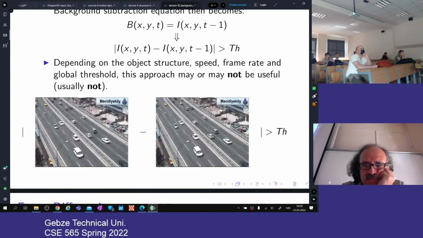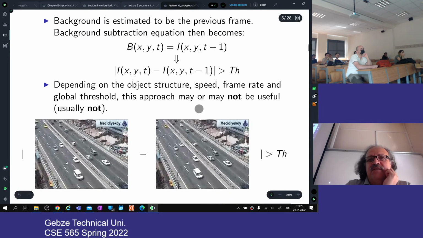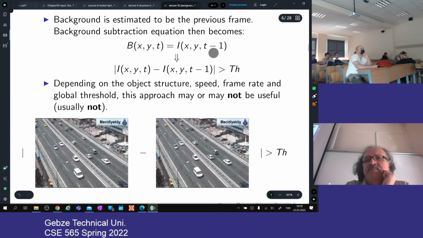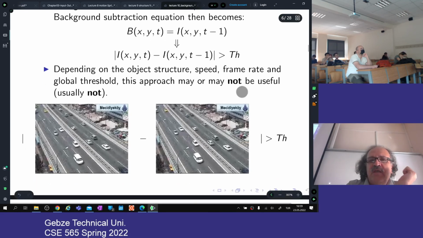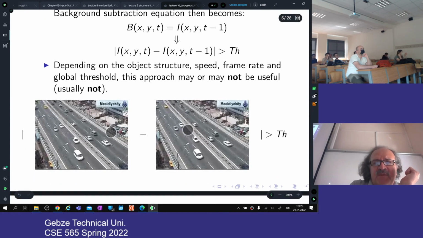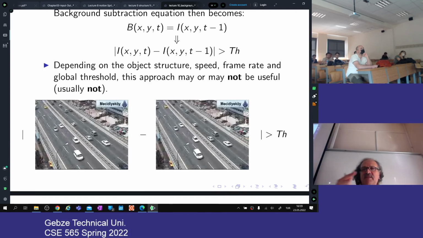So, is this good? Just take your background as the previously taken image. If there is a difference between these two, it means that pixel is moving, right? So what is the problem with this? We will get discontinuous things, I suppose. The middle part is not moving.